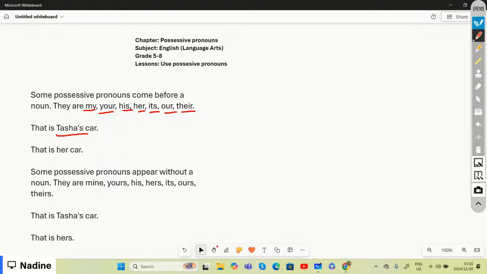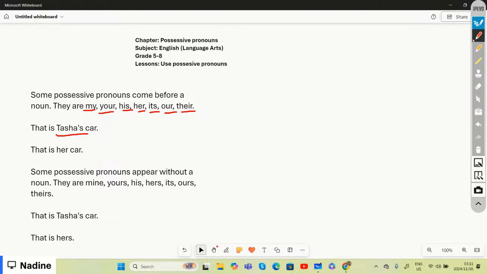So if we want to say that it is Tasha's car, all right, so we said Tasha's car. So that is Tasha's car.